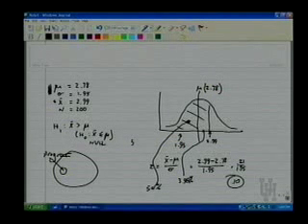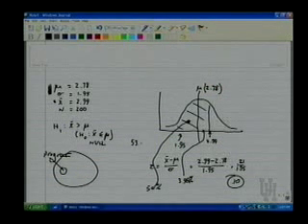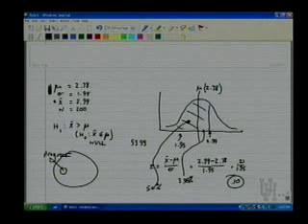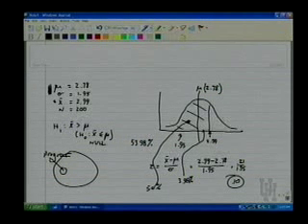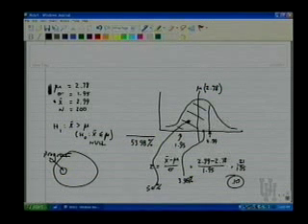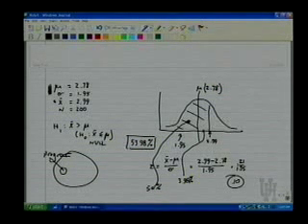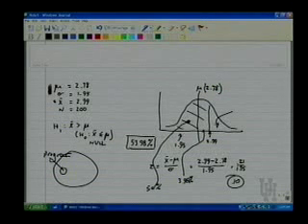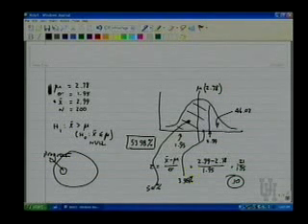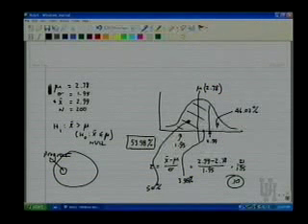So it's above 53.98% of all scores. Which means that the area in here is 46.02% of all scores, or 0.4602 of all of the area under the curve.